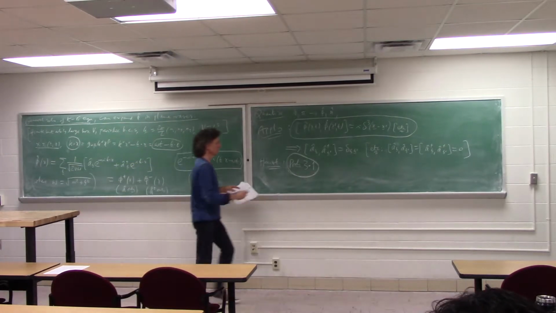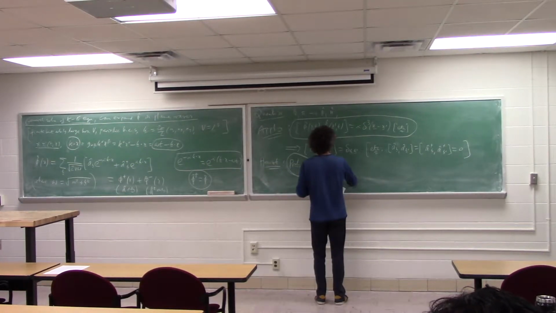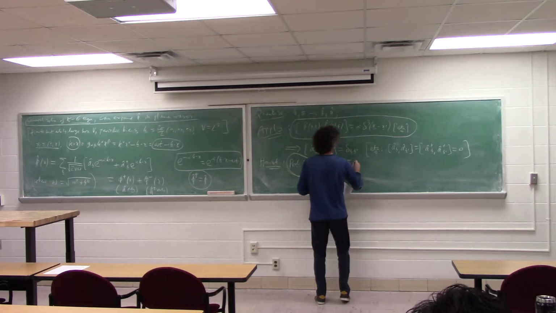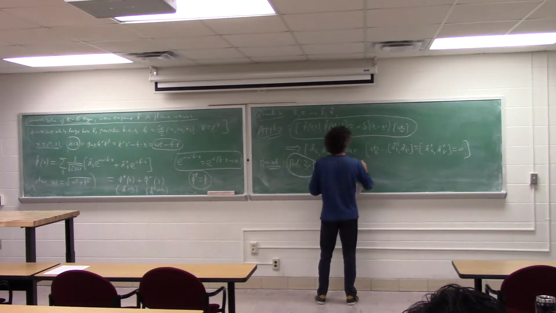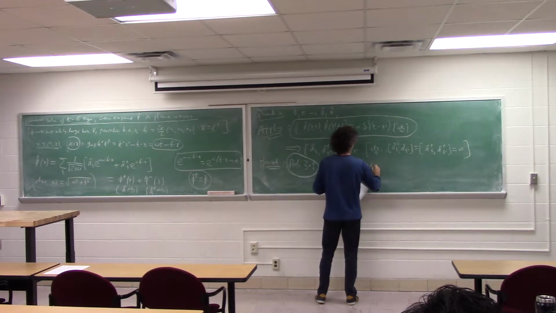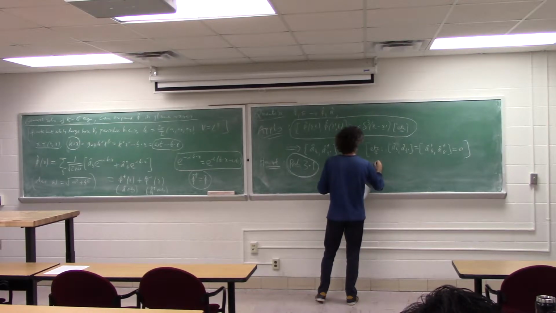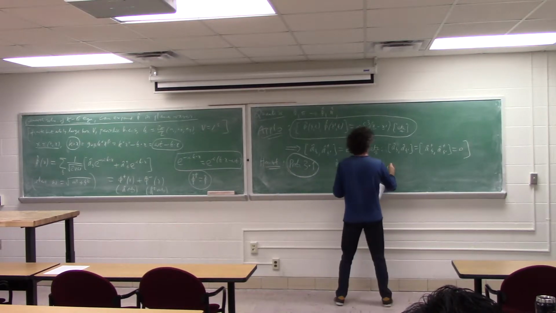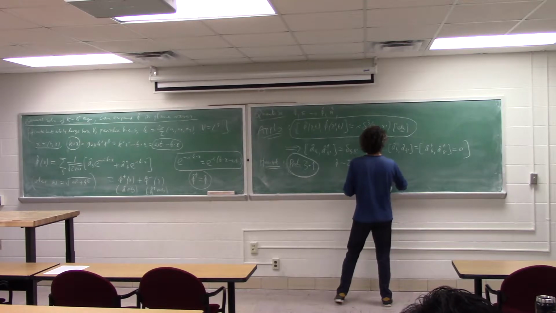So you've got phi hat, which is a sum over k, ak plus ak dagger, and you look at the time derivative.